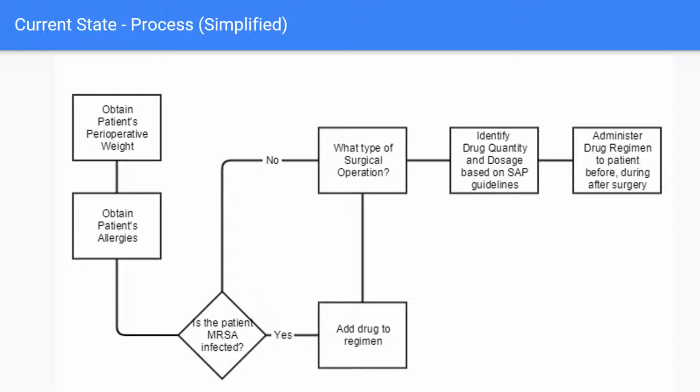If the patient is, they would simply add a different set of drugs to the regimen. They would then identify what kind of surgical operation the patient is going to go through. And from there, using the SAP guidelines, identify the drug quantity and dosage, and then administer that before, during, and after surgery.